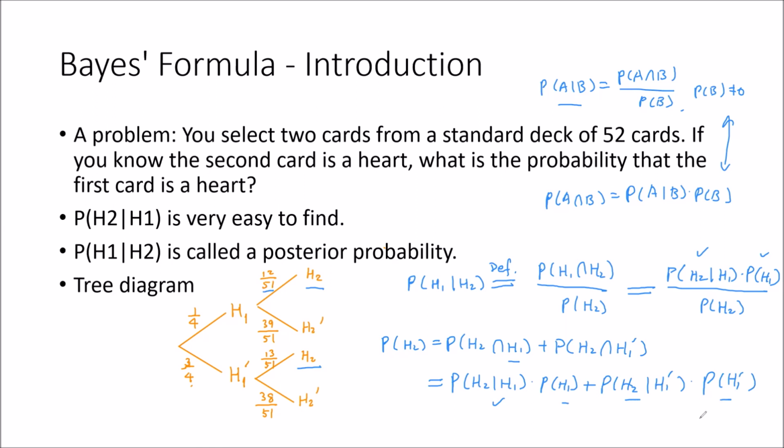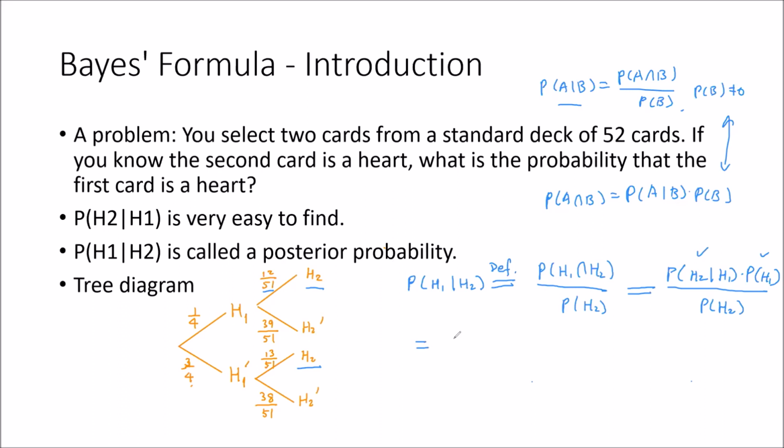So now we are able to figure out the probability of H1 given H2, which is the posterior probability. I'm going to erase the second row so I have more space.